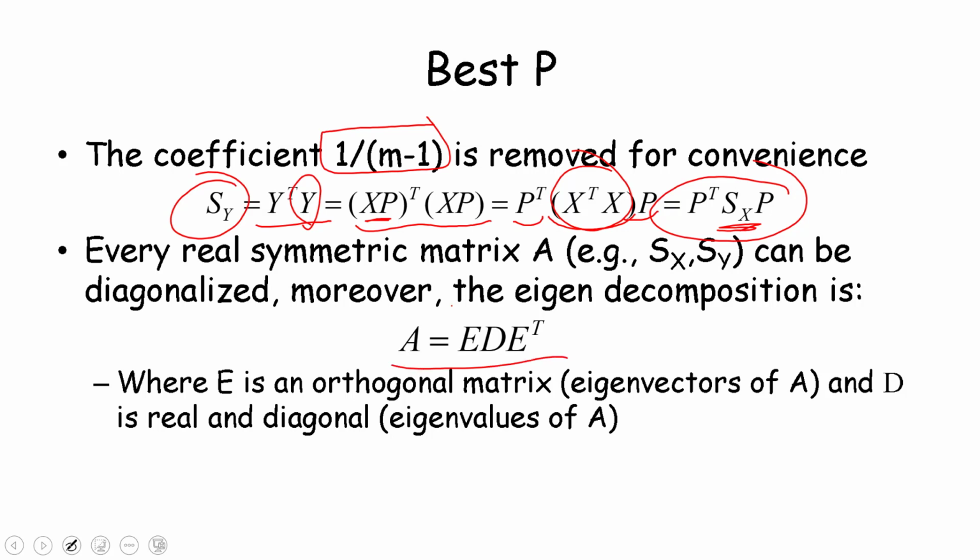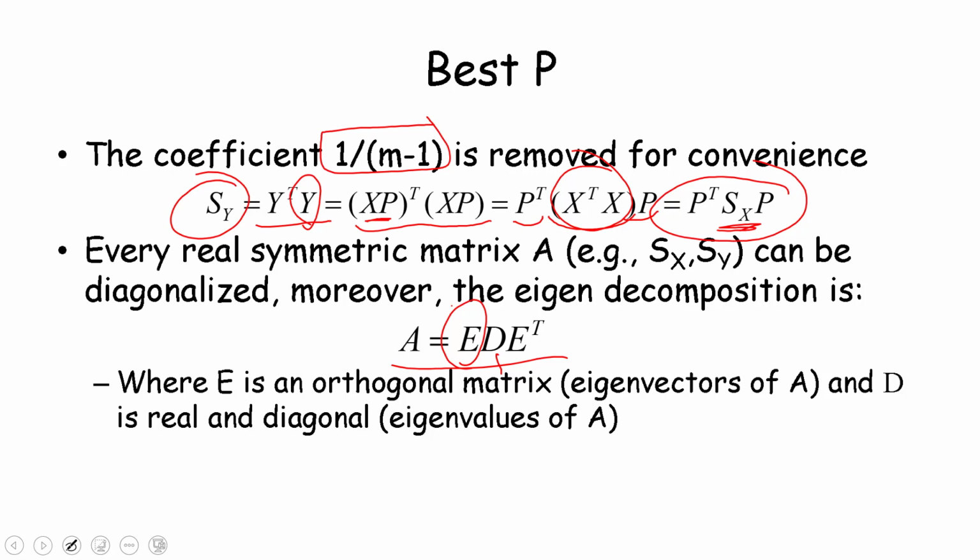Here E is an orthogonal matrix, where each column of E is an eigenvector of A, and D is a real and diagonal matrix, meaning it has some non-zero values on the diagonal and zeros everywhere else.